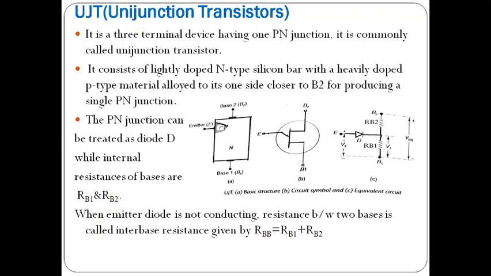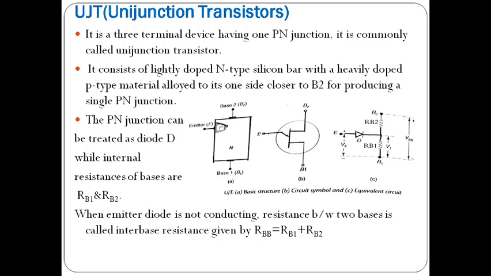The voltage applied at the emitter is VE. The voltage applied between base 1 and base 2 is VBB. The voltage drop across RB1 is nothing but the voltage of the cathode terminal of the diode. So the voltage drop across RB1 can be written as RB1 by RB1 plus RB2 into VBB, from the voltage divider.